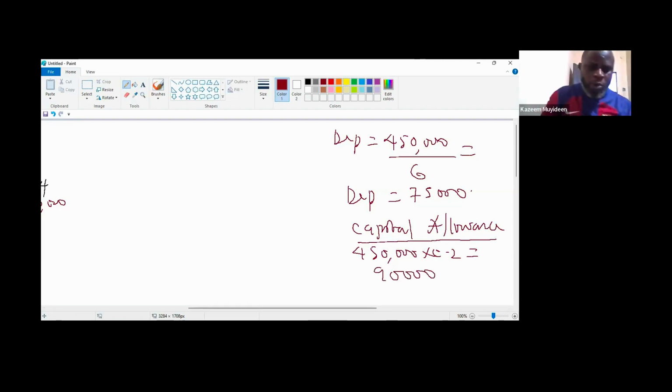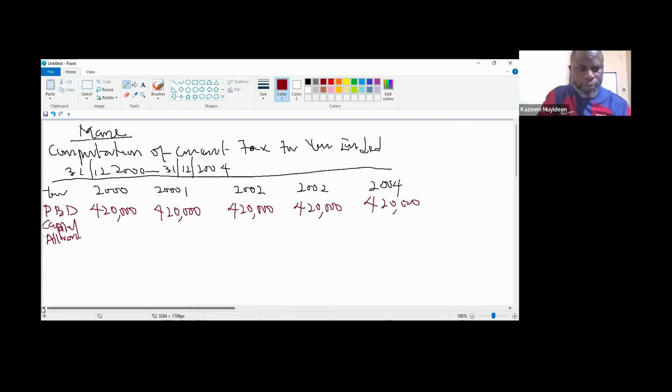We have gotten the depreciation and the capital allowance. I will less the capital allowance from the profit before depreciation.